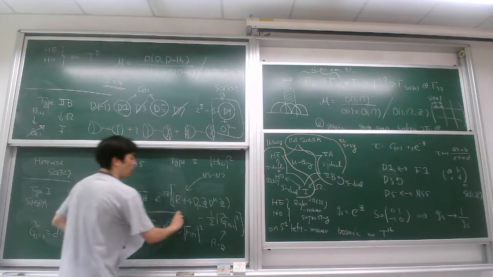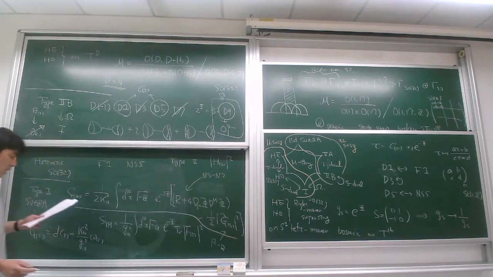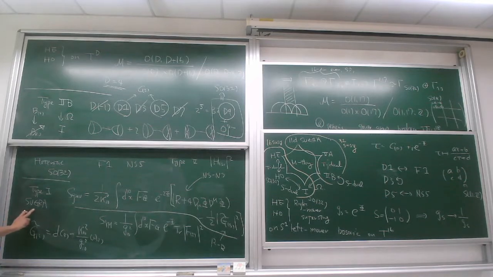So there are two parts of the action. This Yang-Mills action is responsible for the supergravity plus SO(32) Yang-Mills action. Of course there is the fermionic part; I just write down the bosonic part.